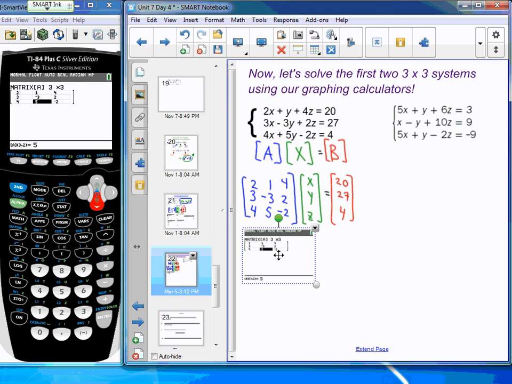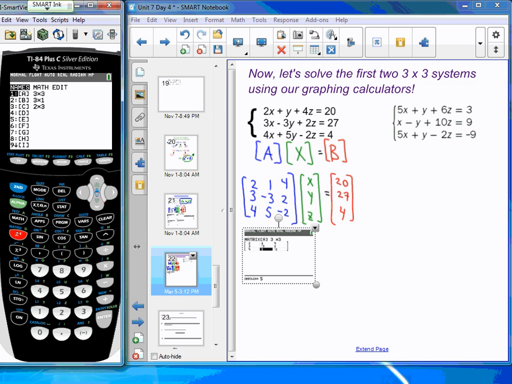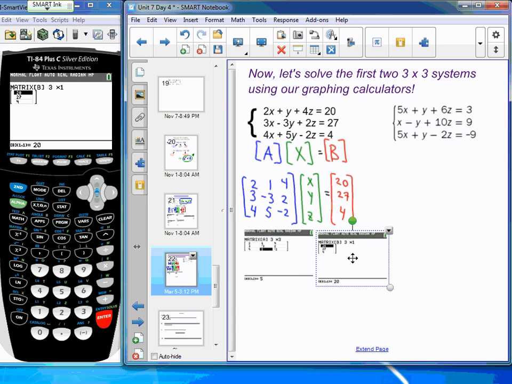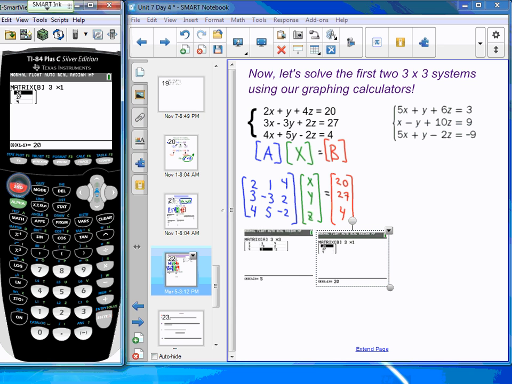My matrix B, second matrix, edit. B, still 3 by 1, but now my entries are 20, 27, 4, and home screen. Second, A inverse.